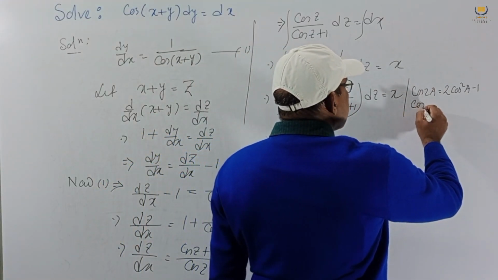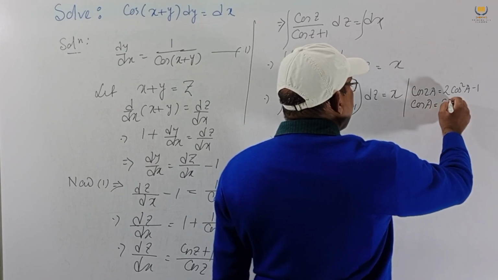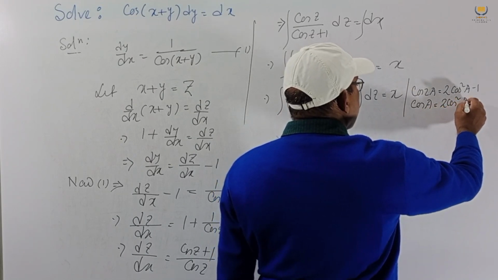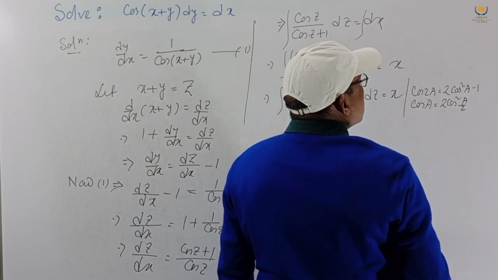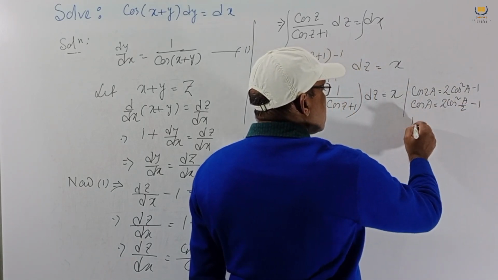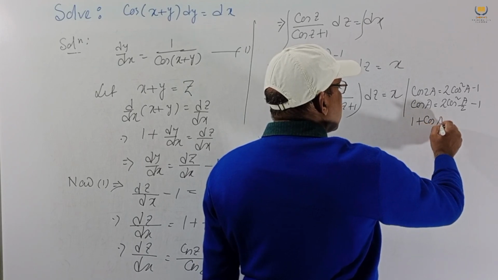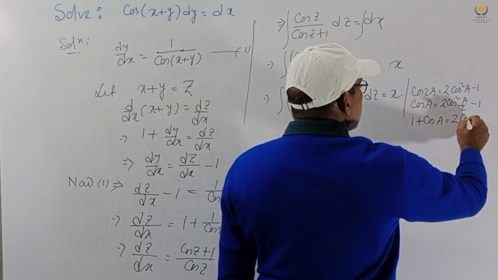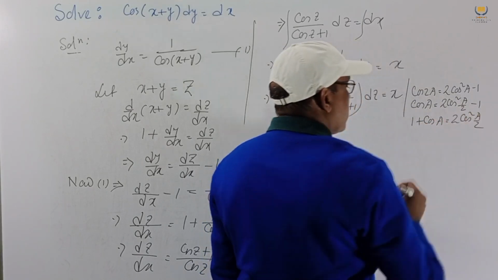And if we write cos a, then in half angle, cos a equal to 2 cos square a by 2 minus 1. Taking 1 to the left hand side, 1 plus cos a equal to 2 cos square a by 2.